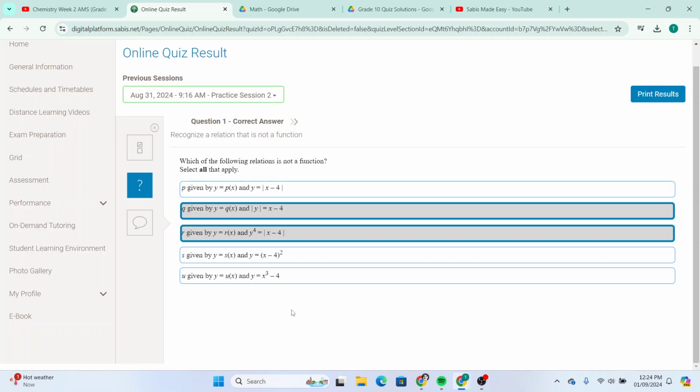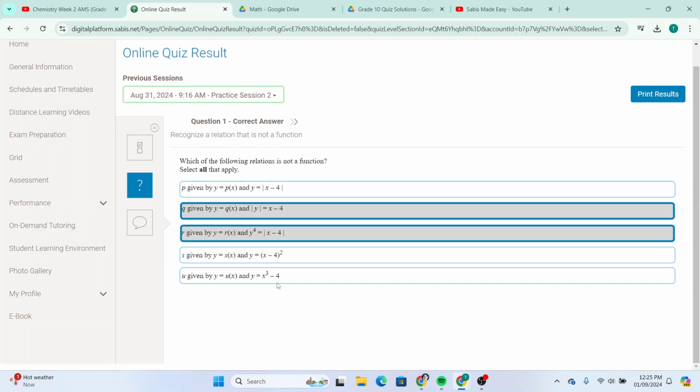S given by y equals s of x, and y equals x minus 4 squared. Okay, now here x minus 4 squared only generates one y answer. Even if you have negative 6 minus 4, which would be negative 10 squared, that would be 100. This would only give one y value. Each x value will only generate one y value.